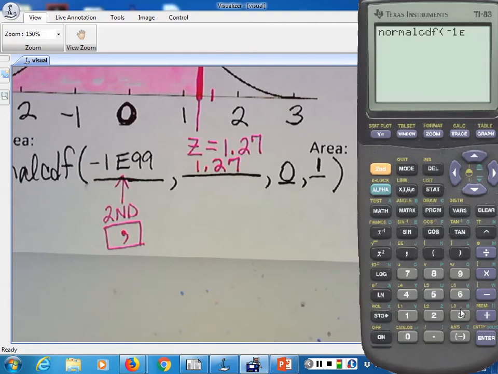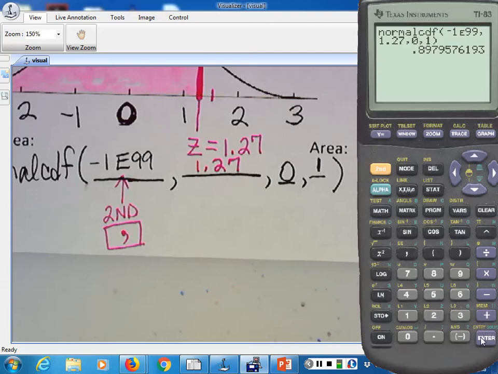Then we're going to put in the 99. Then we're going to put in the 1.27, because that's our upper boundary. Then we're going to put in the 0. We put commas in between all of them. And then we're going to put in a 1, and since the 1 is the last value we need, we're going to close the parentheses. Has everybody got your calculator screen looking like that? Okay, then we're going to hit enter.